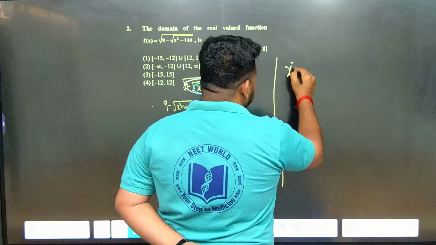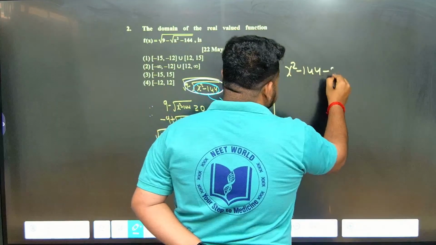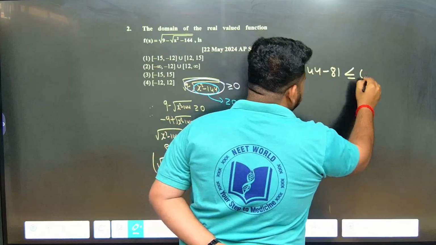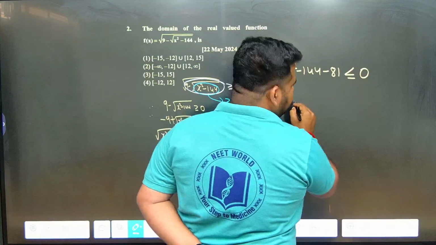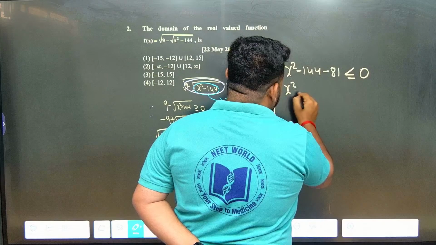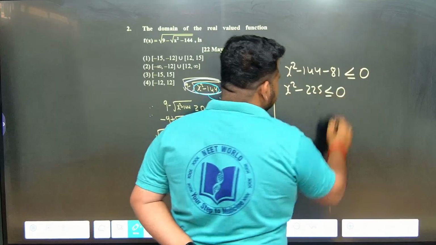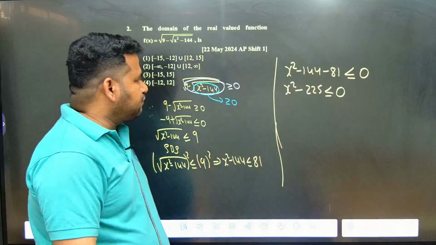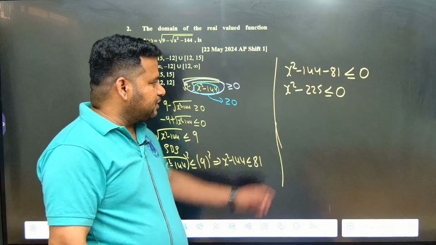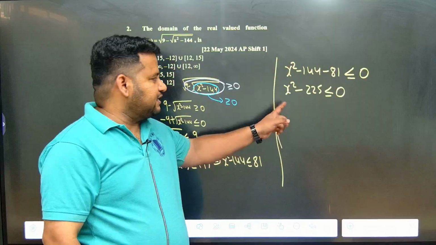So x square minus 144 minus 81 is less than or equal to 0. 144 plus 81 will become 225, so x square minus 225 is less than or equal to 0.